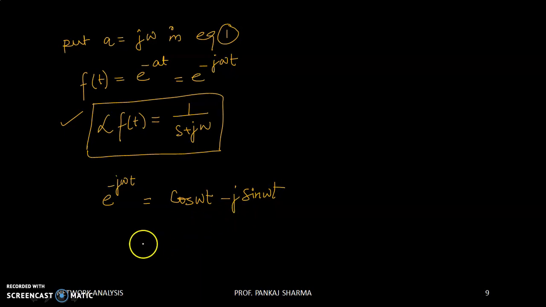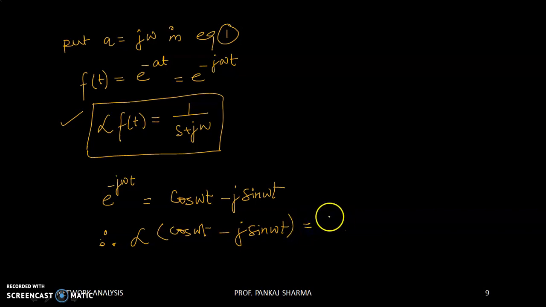Therefore, Laplace of cos omega t minus j sin omega t is equal to s minus j omega upon s square plus omega square.